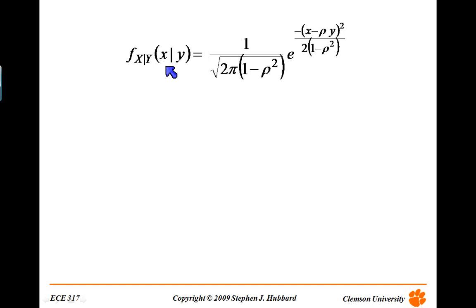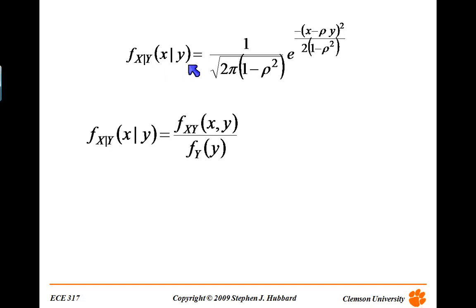And let's go back to the basic definition of a conditional PDF that we covered back in section 2.4. For any two random variables, no matter what they are, whether they're Gaussian or something completely different, the conditional PDF of x given y is always given by this formula.